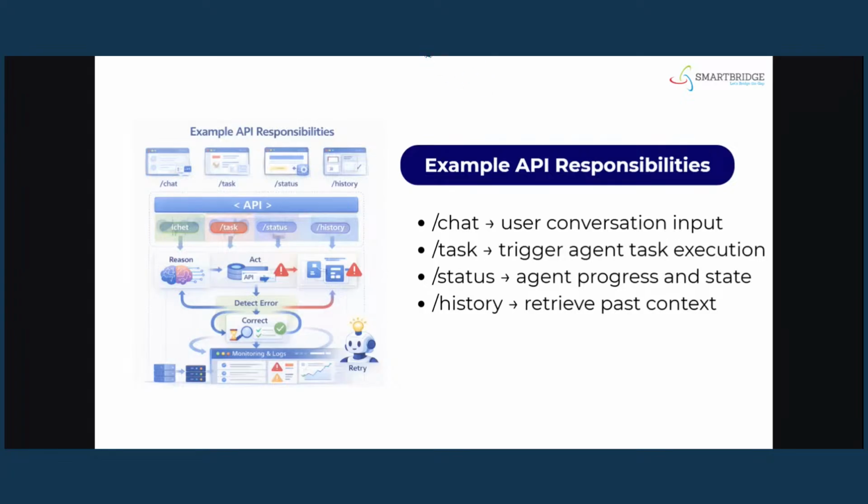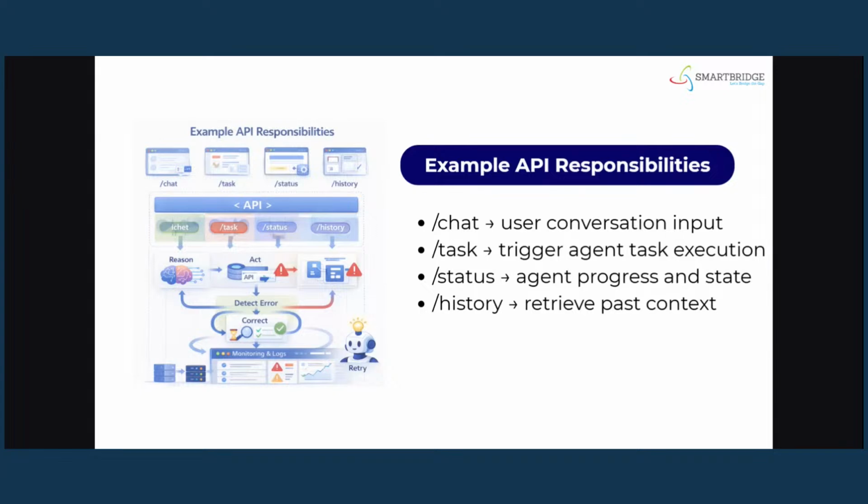Okay, now let's discuss API responsibilities. Now let's make it even more practical by talking about what different APIs in agentic AI systems are actually responsible for.